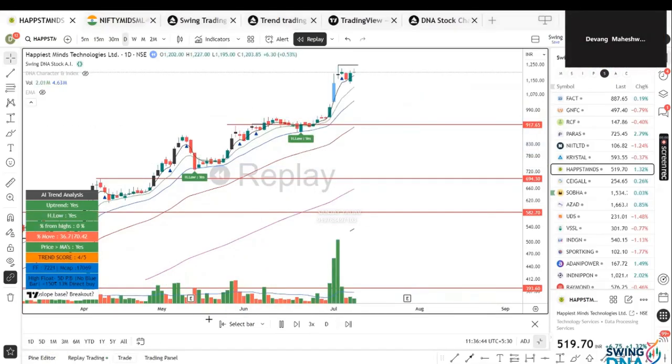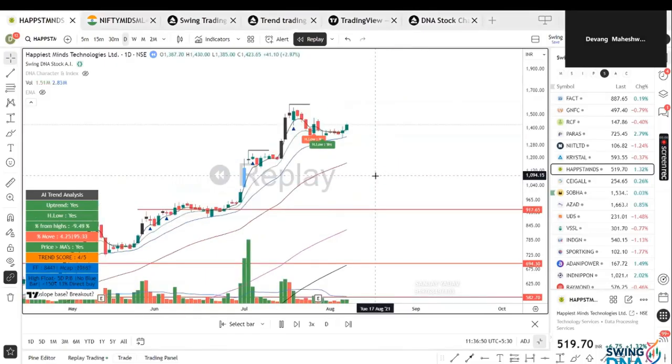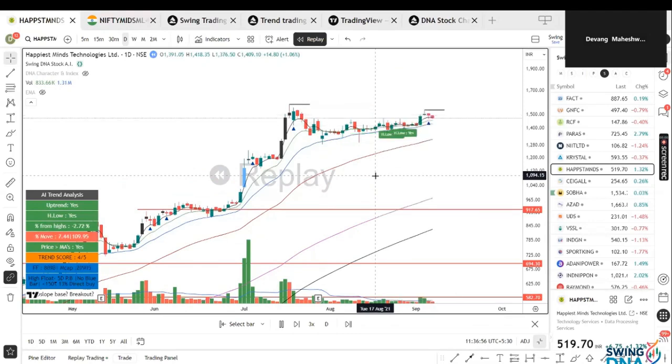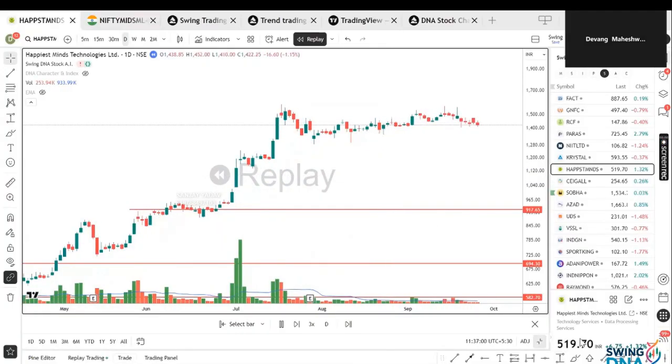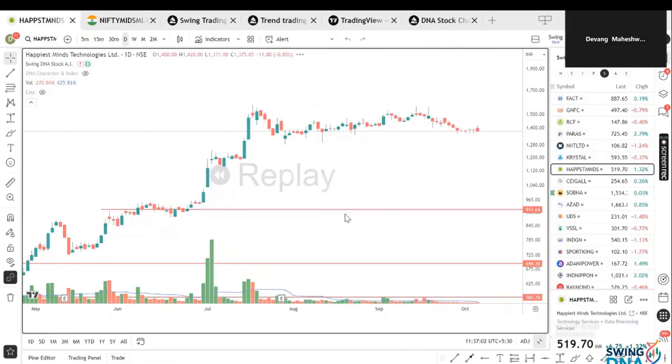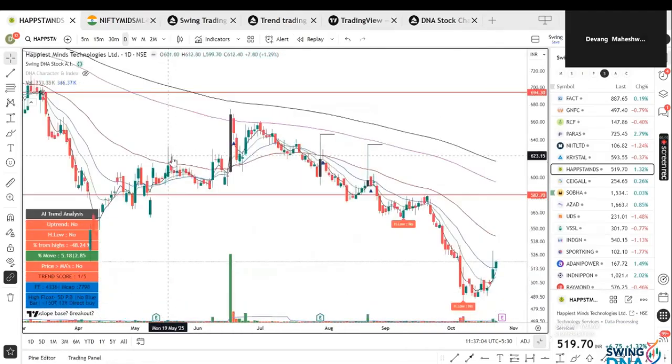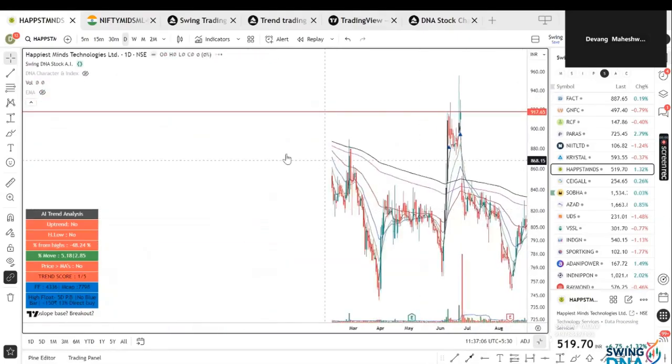Again a higher low. Okay, here a higher low, here a higher low. Too much analysis, too much replay we have done, so then the trading software gives some error. Let's start again from there.